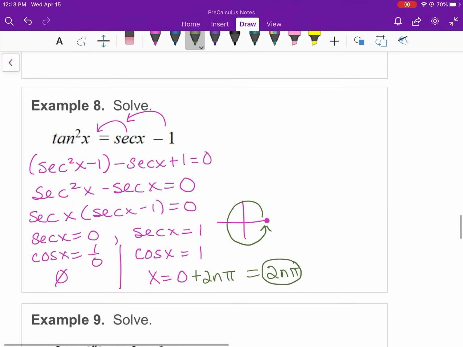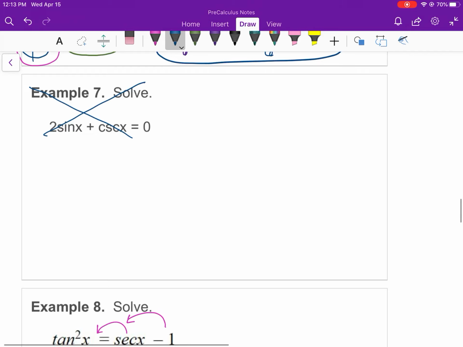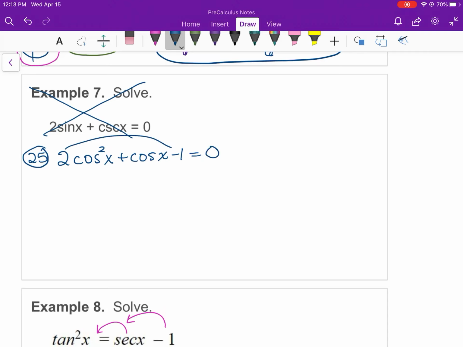All right, I'm going to introduce here a few more problems. We're going to look at number 25. So up here, I'm going to put 25. I'm going to take and factor that again. So factors of -2 that add to 1.